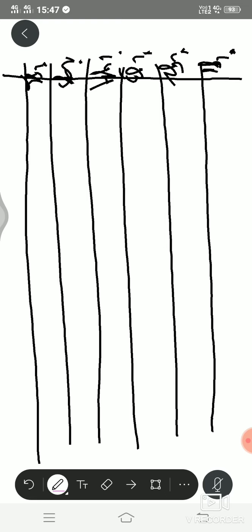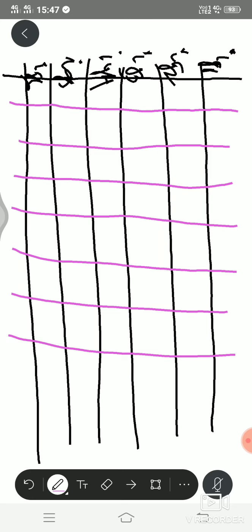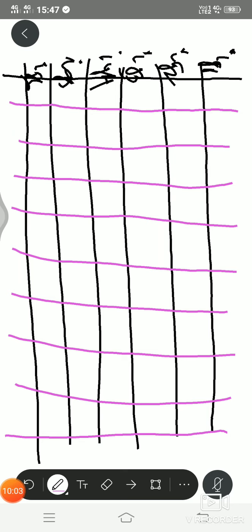Now each pink line shows a step of 60 degrees. So each pink line shows a gap of 60 degrees. Why we are saying it to be 60 degrees? Because it's a six-step inverter. Six thyristors, six-step inverter.